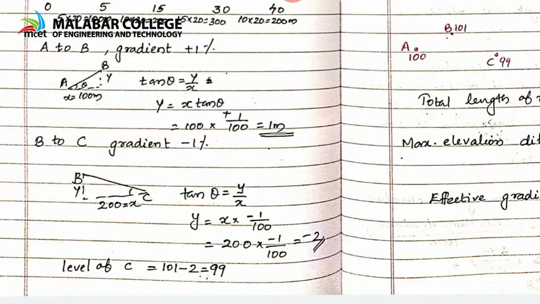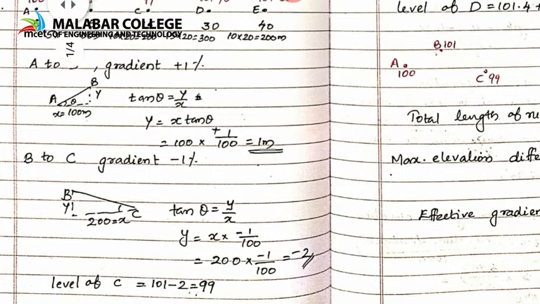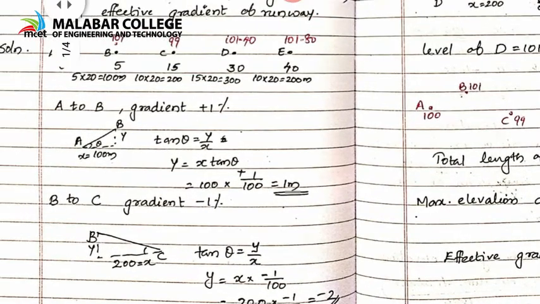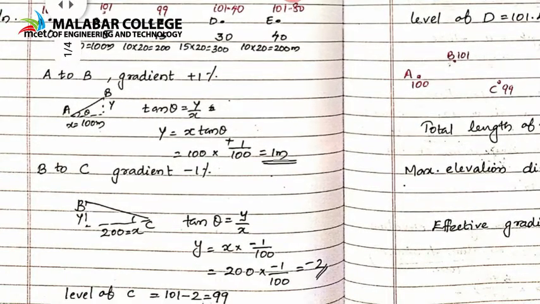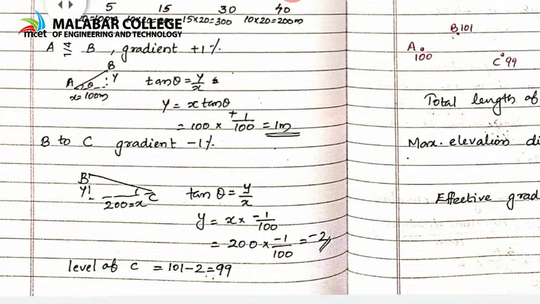Here tan theta is minus 1%, so minus 1 by 100. Substituting the values, 200 into minus 1 by 100 is equal to minus 2 meter. The difference between B and C is 2 meter. That is, the point C is 2 meter below B. Level of C is equal to 101 minus 2, 101 is level at B, minus 2 meter, that is equal to 99. Here the level at point C is 99.